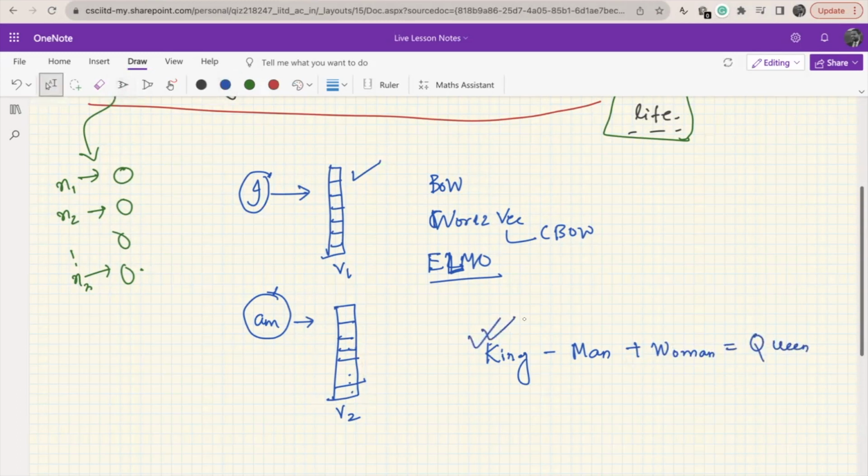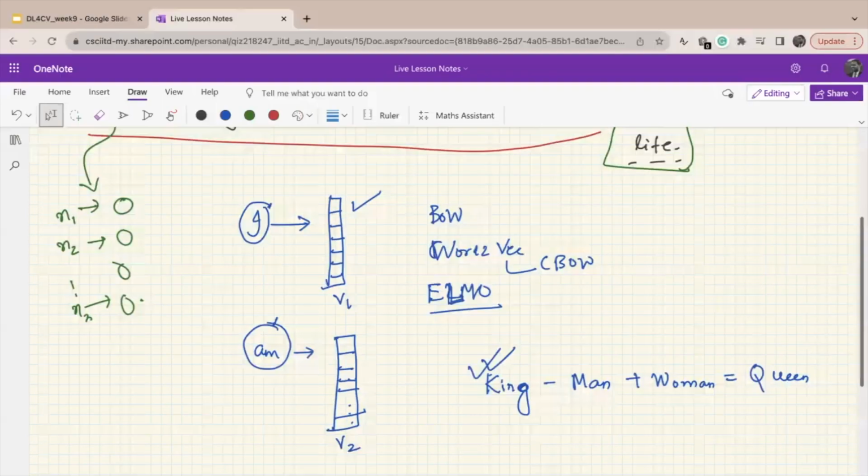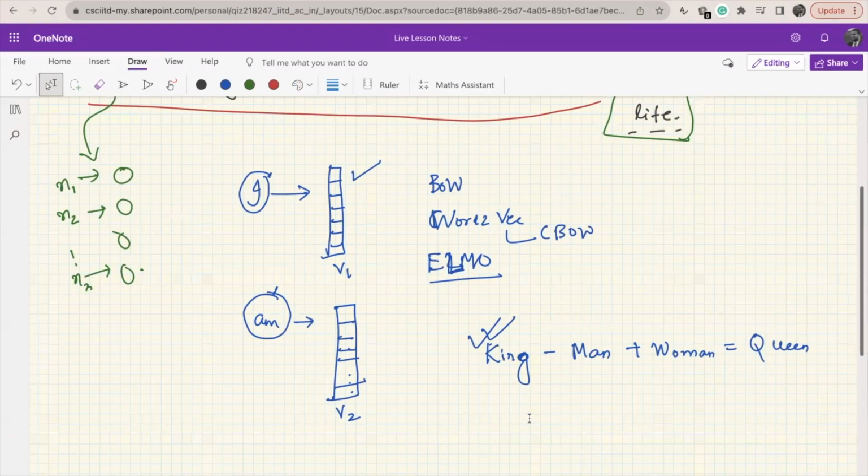So king minus man plus woman equals queen. The vectors should be that meaningful. They should be semantically very meaningful for a human being, so that if a human being does some operation on them, the operation will also be meaningful. So there is the embedding.